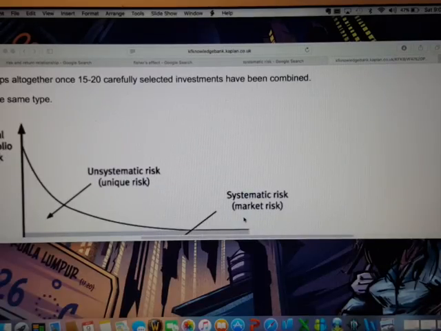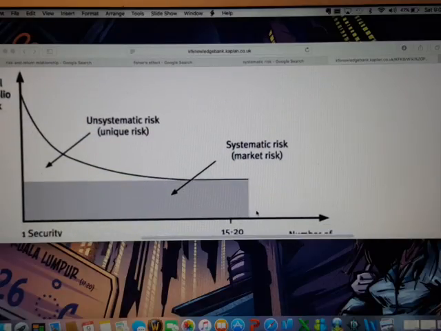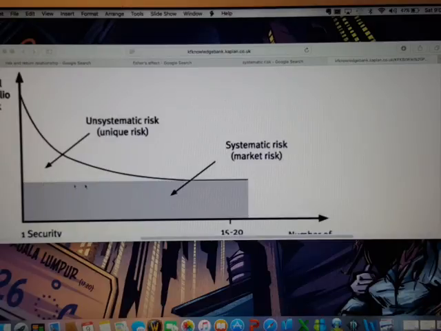This diagram. And generally, risk can be divided into two areas. Now, we know the unique risk, or unsystematic risk, can be diversified away. And when you diversify, instead of buying one security, you buy a group of securities which is known as a portfolio.